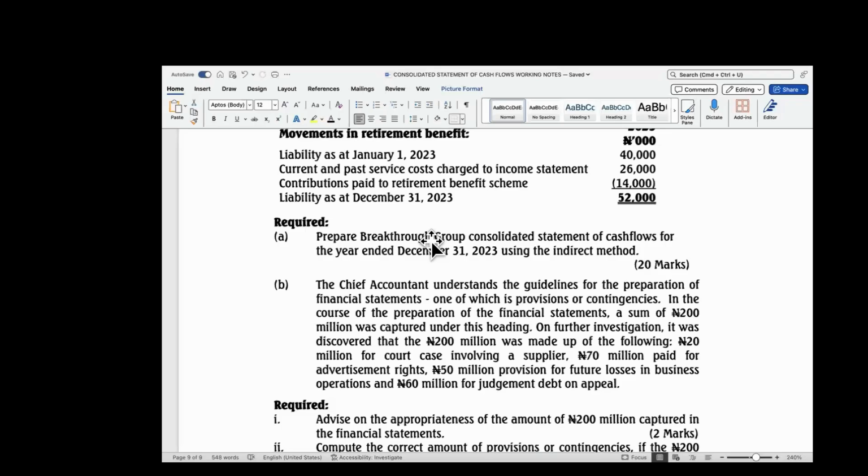You see, let me tell you something. This is a 20 marks question, and in a 20 marks question, do you know how many minutes you have to solve this question? Can anybody tell me? A 20 marks question, how many minutes do you have? Anyone? 30 minutes. How did you get that?